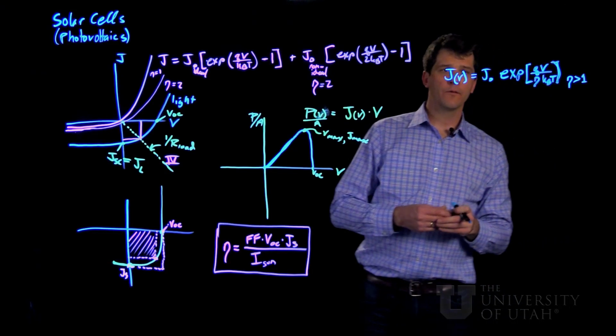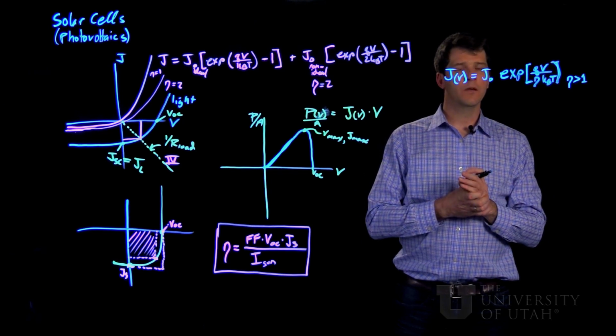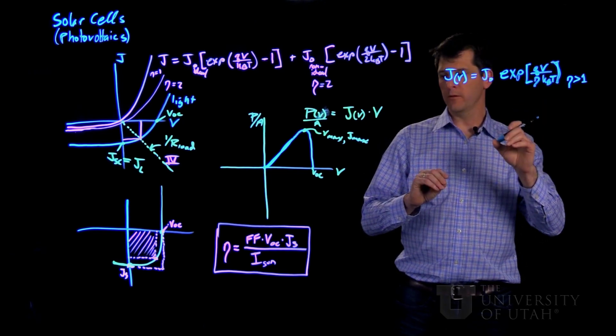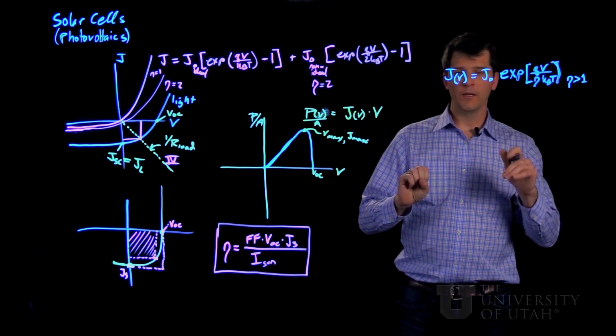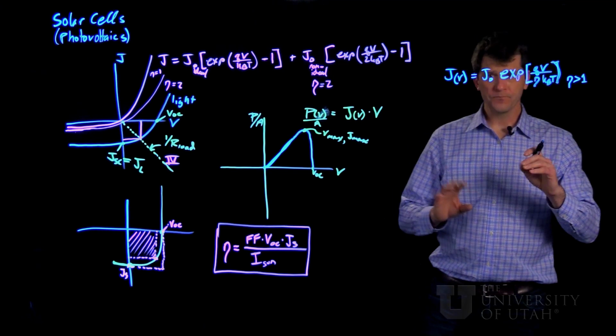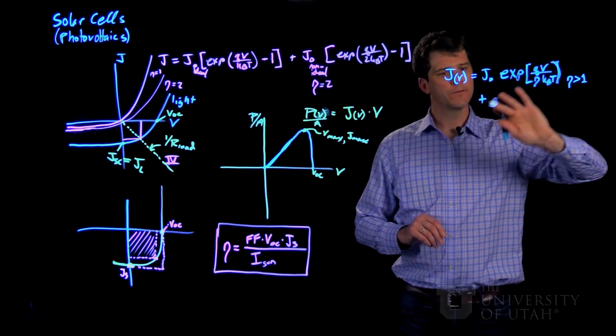So now if we want to find out the relationship between the currents flowing in the solar cell and the open circuit voltage, we have to add one more thing, which is the J light.